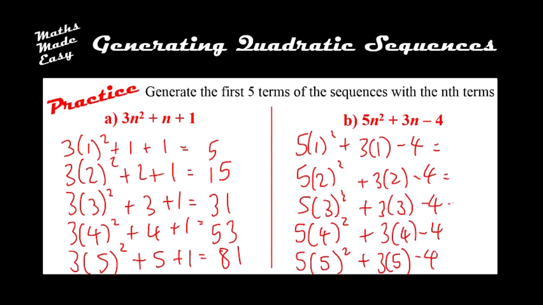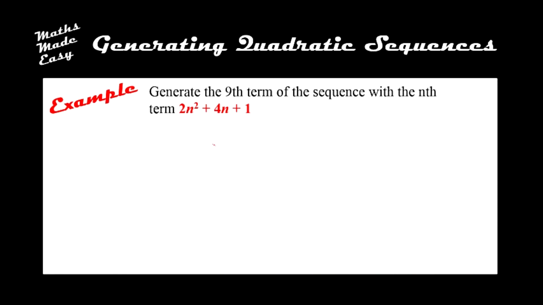And if you work each of these out, then in some cases here you get some quite big numbers. The first one there is 4, then 22, then 50, 88, and finally, well done if you got this one, 136.